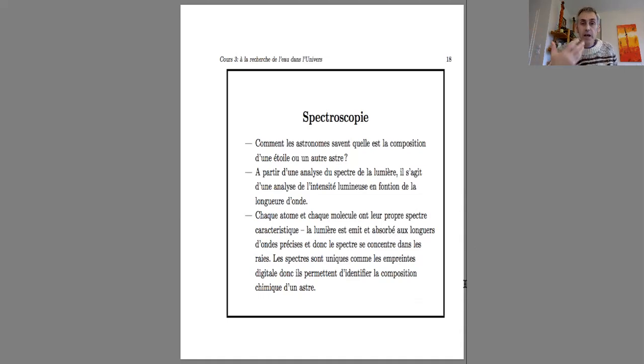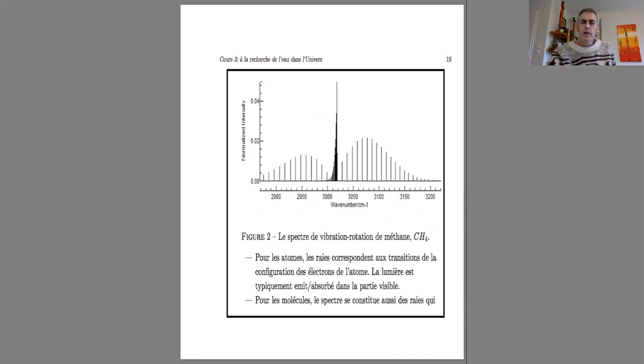They allow us to identify the presence of different atoms and molecules based on the effects they have on the absorption of the light. And to really appreciate the notion of spectroscopy and how it allows you to identify these atoms and molecules, it's good to just look at an example of a particular spectrum.